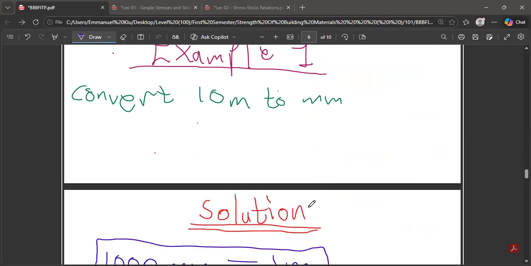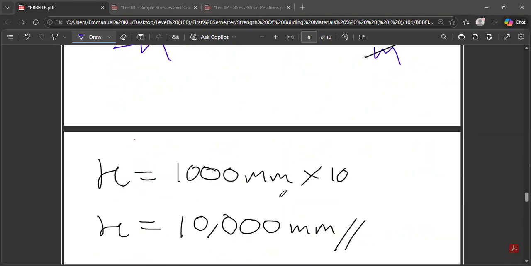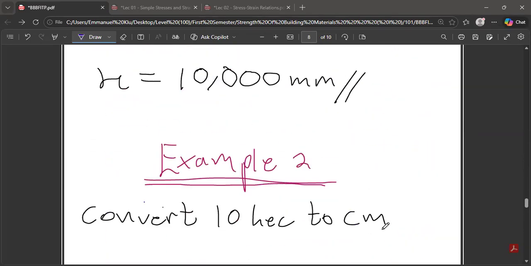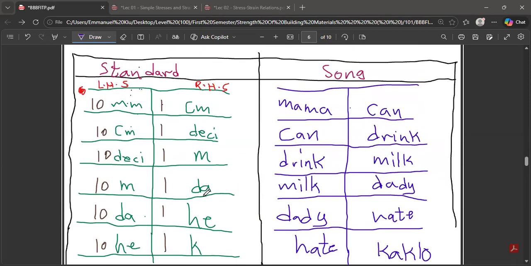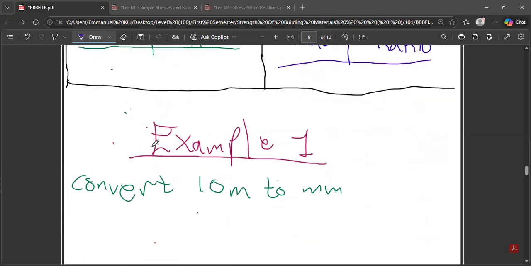We are actually converting hectares to centimeters. So look at it, this is it over here. We are converting from this. Centimeters. You can't focus on the left hand side; after your left hand side, come to the right hand side. Do you understand me? But you see that over here they've tricked you in the question.